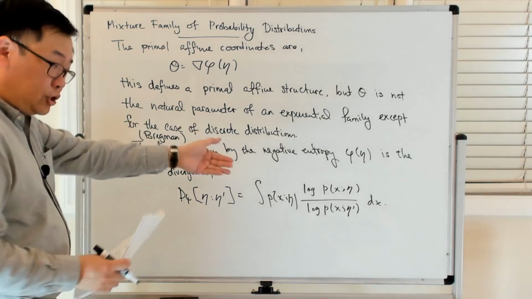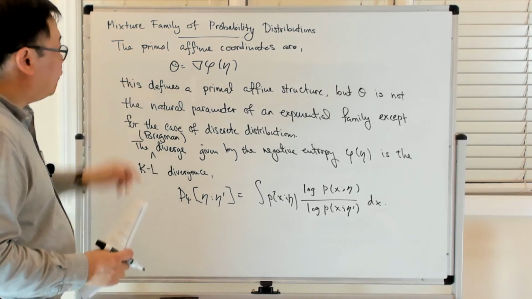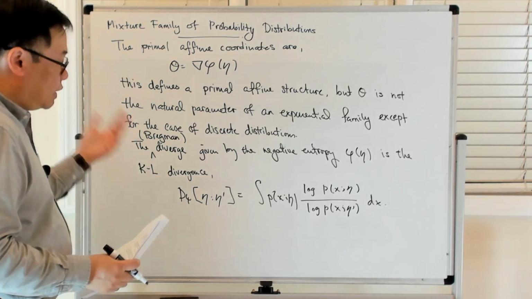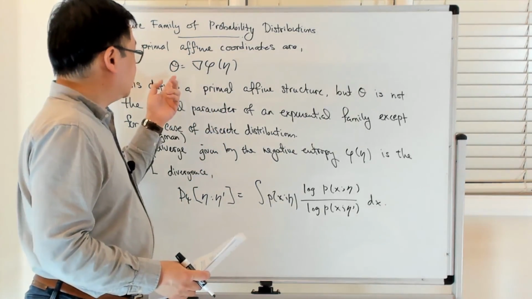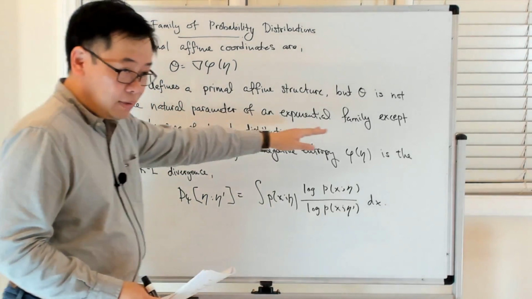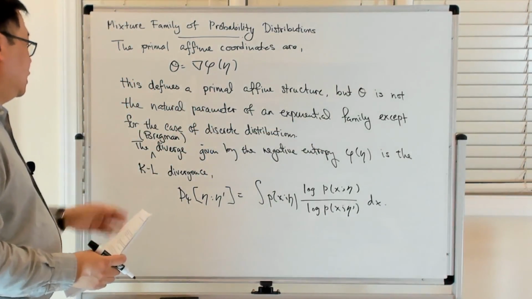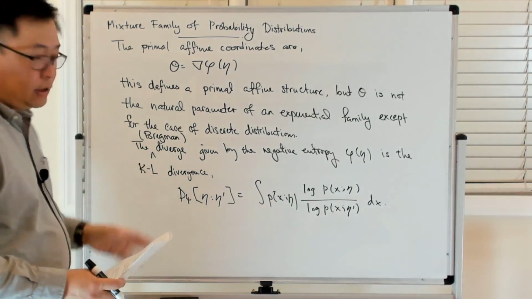And via Legendre transform, you can construct the associated primal coordinate system, primal affine coordinates. And again, in general these primal affine coordinates are not the natural parameters of an exponential family, except in the case where you have discrete distributions. Okay, so let me just stop here for now.